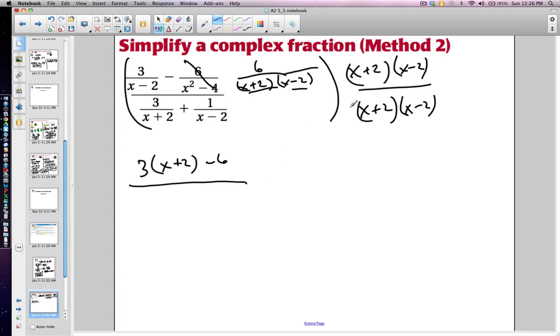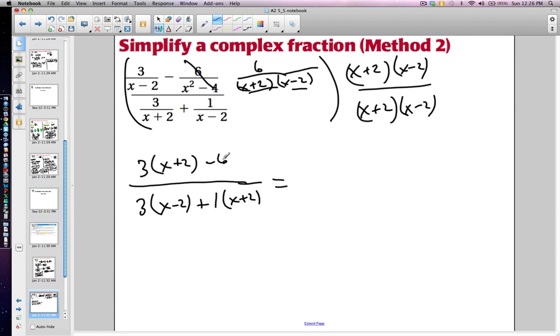When I multiply times 3 over (x plus 2), the x plus 2's cancel, and I get 3 times (x minus 2). And when I multiply times this fraction, 1 over (x minus 2), the x minus 2's cancel, and I get 1 times (x plus 2). And now what I want to do is simplify.